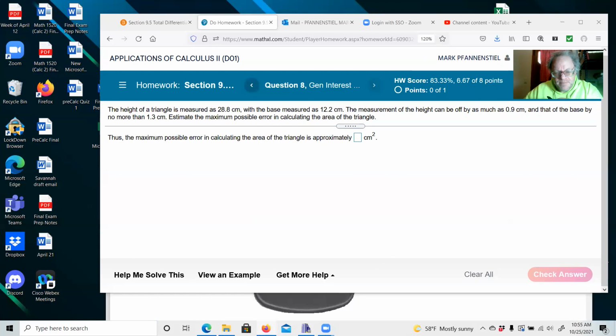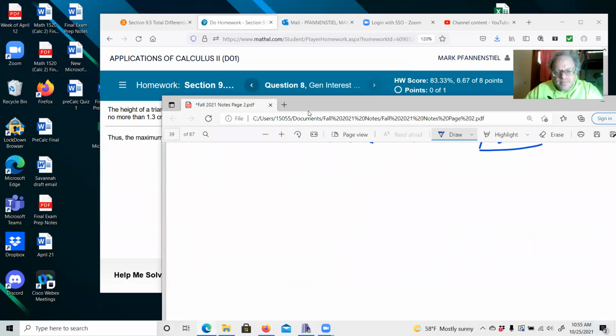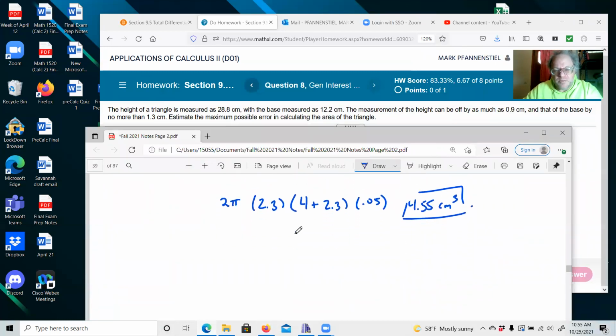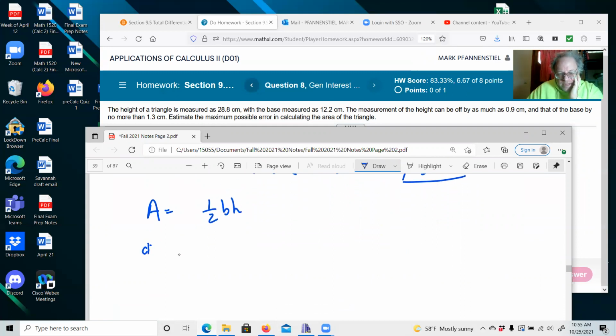All right. So what we're going to do, okay, they just want the maximum error. They don't want the maximum possible height. So we're going to say the area is equal to 1/2 base times height, right? So we're going to take our dA, right, our total area.